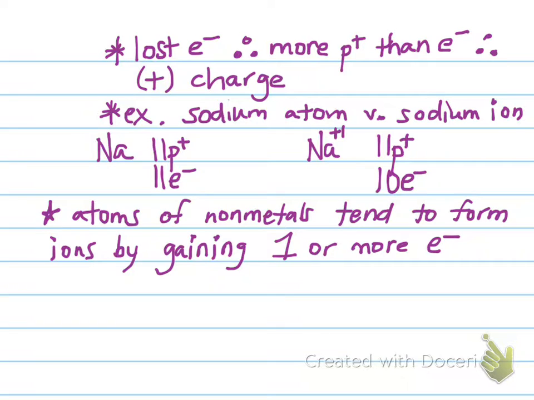So remember, our nonmetals are to the right and above that heavy stair-step line on our periodic table. When an atom gains one or more electrons, it becomes called an anion. An anion is defined as an ion with a negative charge.